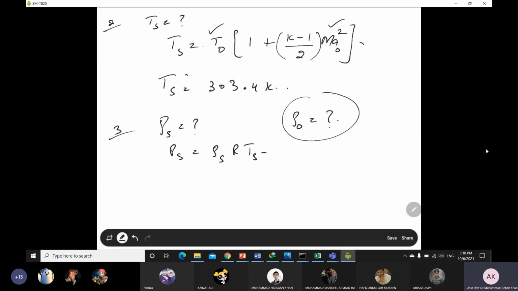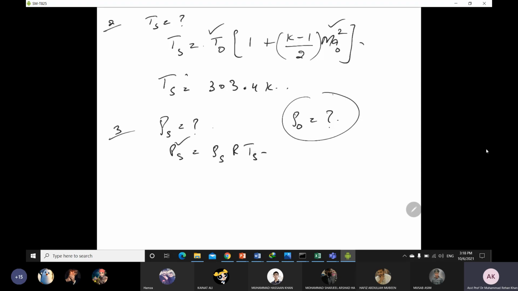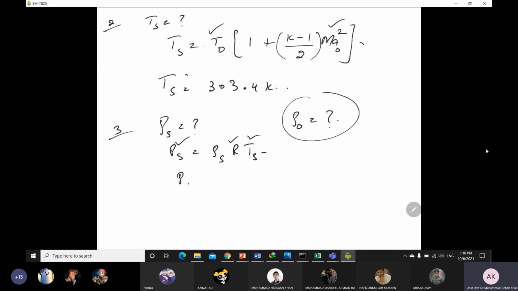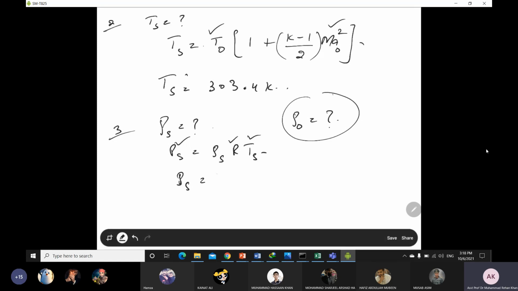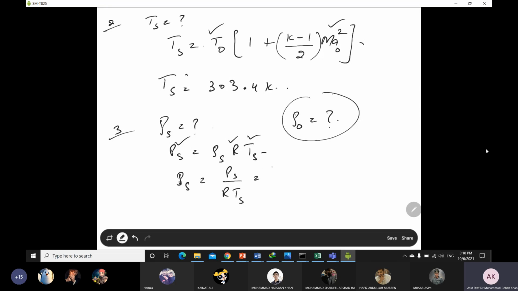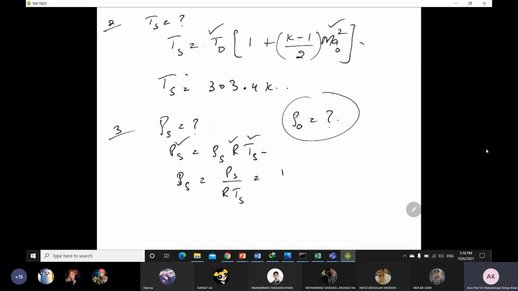I have just made it all stagnation point. The gas constant you can get from the thermodynamic table, and T stagnation we already found in part B. So the stagnation density is equal to Ps divided by R Ts. Ps comes from part 1, which is 126.1 kilonewton, so you have to convert it into Newton per meter square.